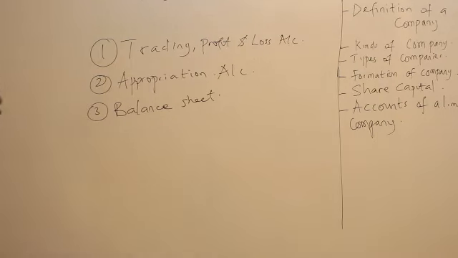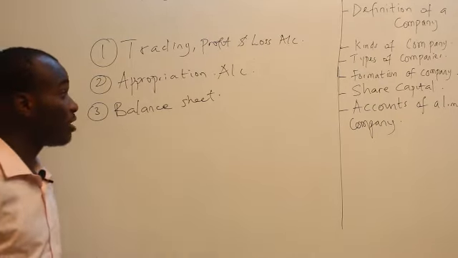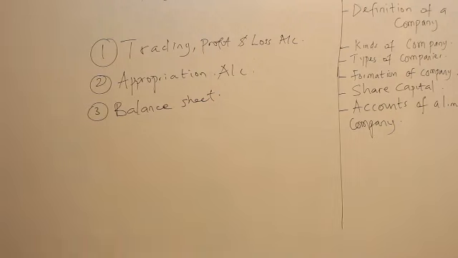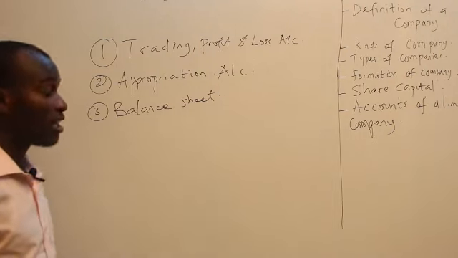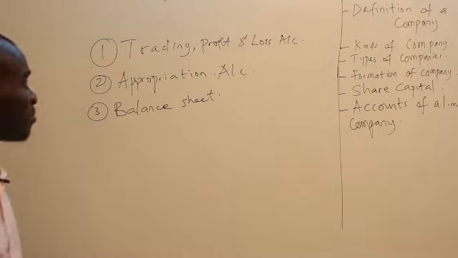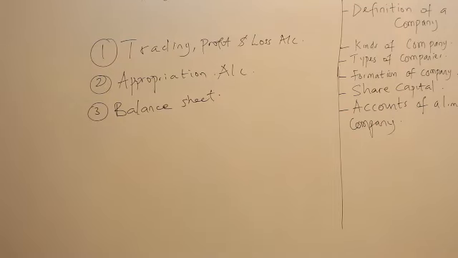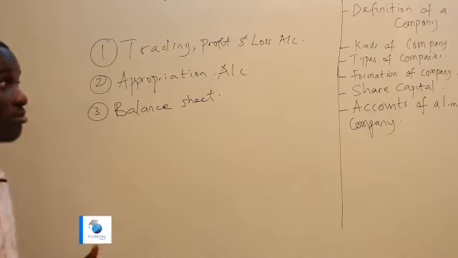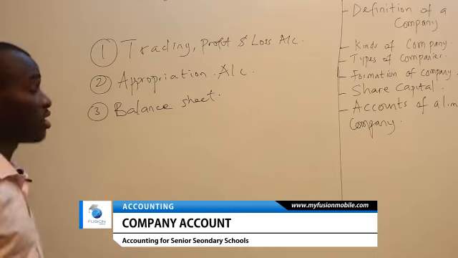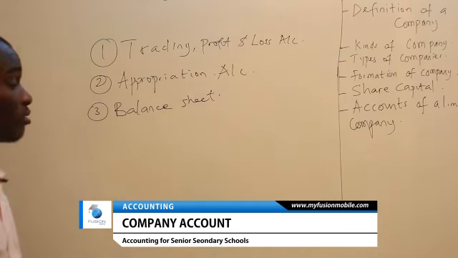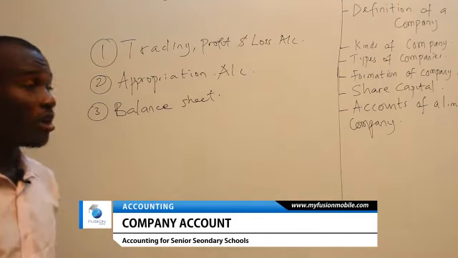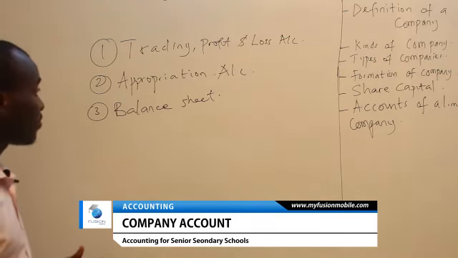So the balance sheet is prepared to show the financial position of the limited company. Our appropriation account, as I said earlier, is prepared to determine the dividend to the shareholders, that is the proposed dividend to the shareholders, maybe ordinary shareholders or preference shareholders.